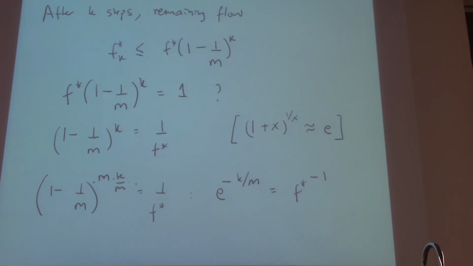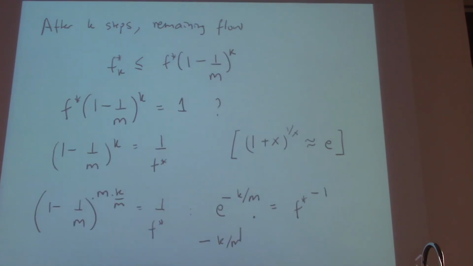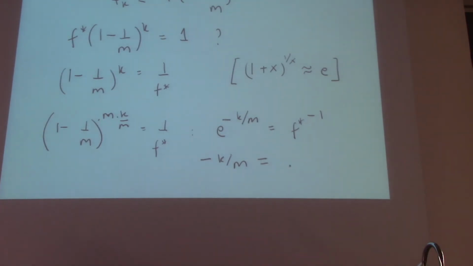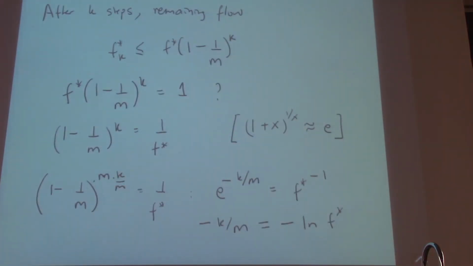So you get minus k over m is equal to minus log f star, and so what you get is k is equal to m log f star. I already said that one iteration of this algorithm takes roughly m log n time.